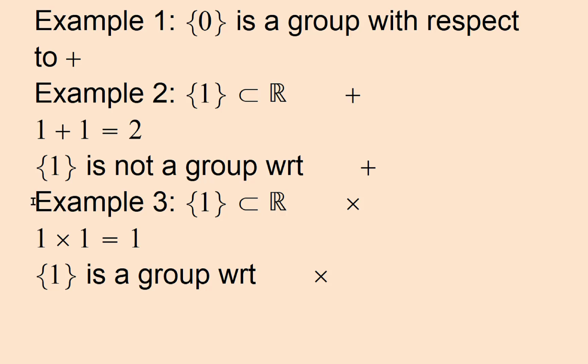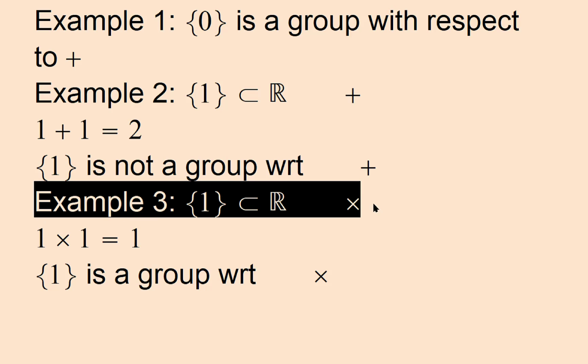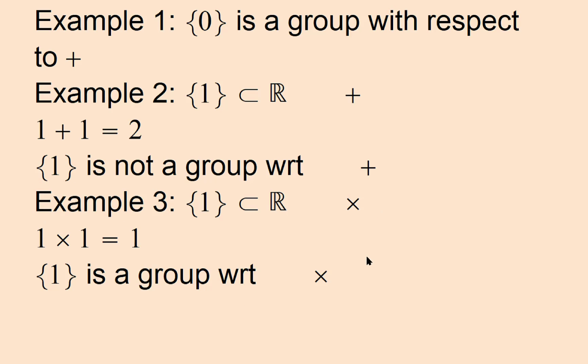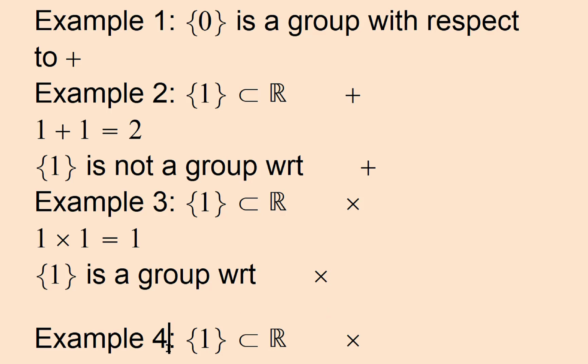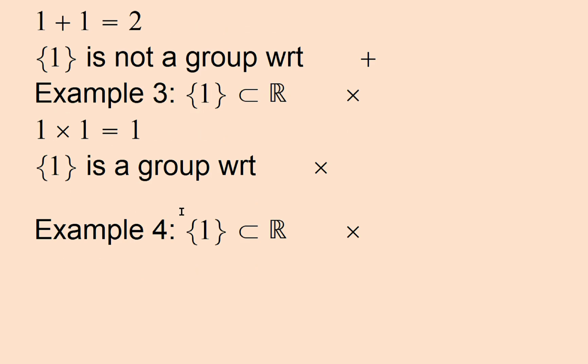Now let's start getting a little interesting here. Let's take example 4, and in here let's combine -1. Now you can see that 1 times -1 is -1, -1 times -1 is 1, and 1 times 1 is 1. All of them are in there.